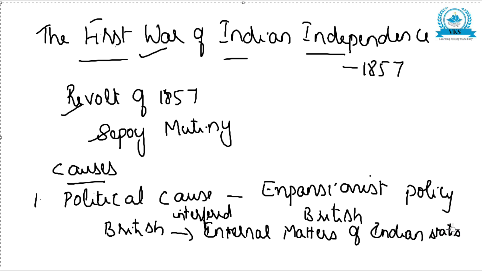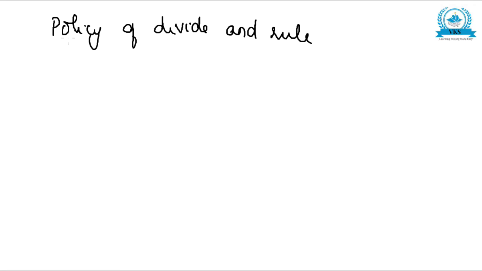Again, one more point was the policy of divide and rule. The British always followed a policy of divide and rule, and that also was not liked by the Indians.